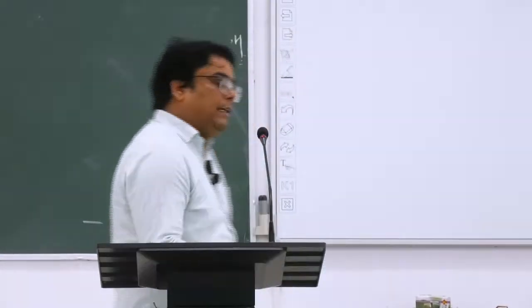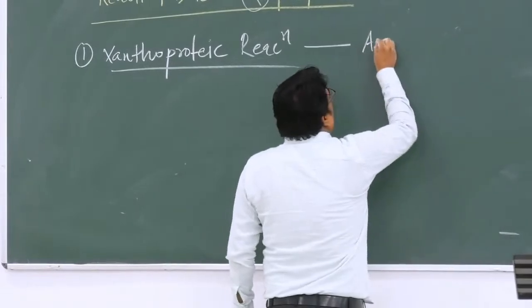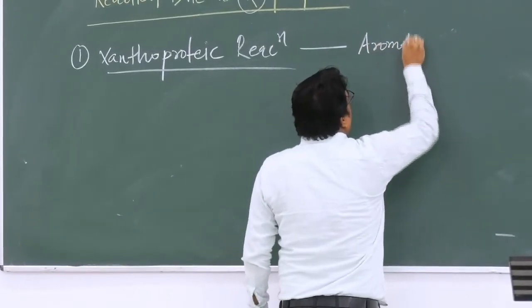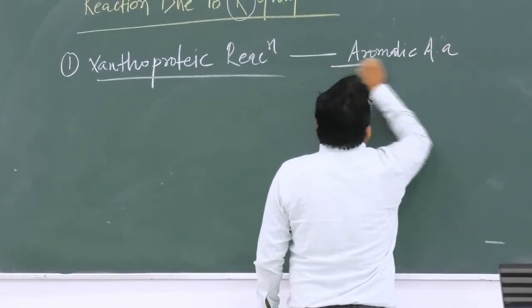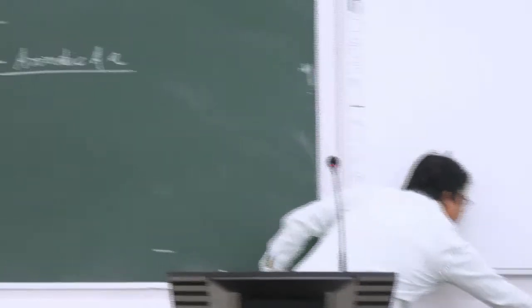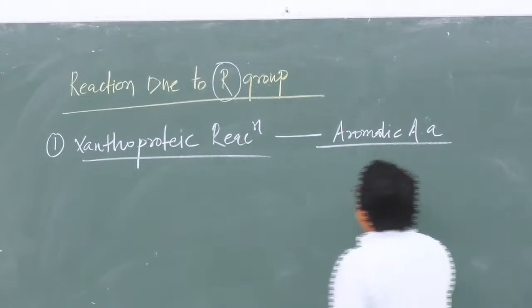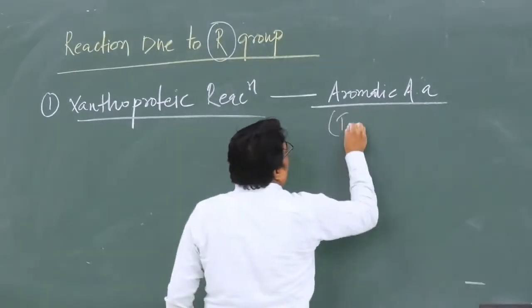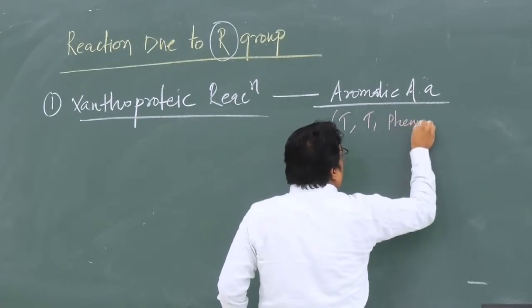Aromatic amino acids. Examples of aromatic amino acids are tryptophan and phenylalanine.